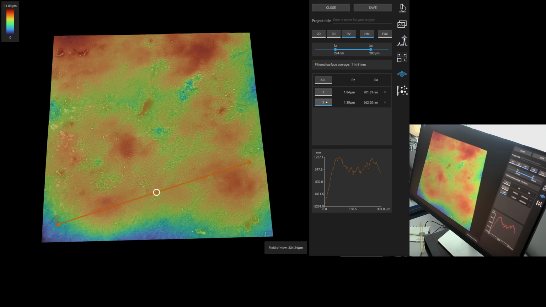So if I turn these off across this bit here, let's say that bit, it's going from 575 nanometers to 485, so it's 100 nanometers. That raised area there is 1607 to, so that's 900 nanometers. It's less than a micron.